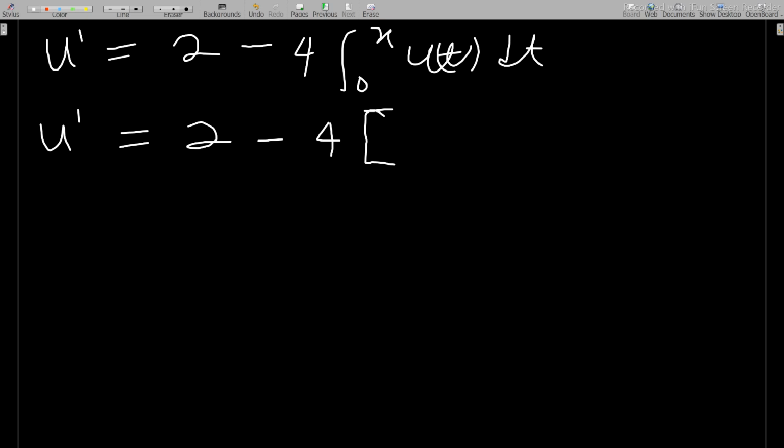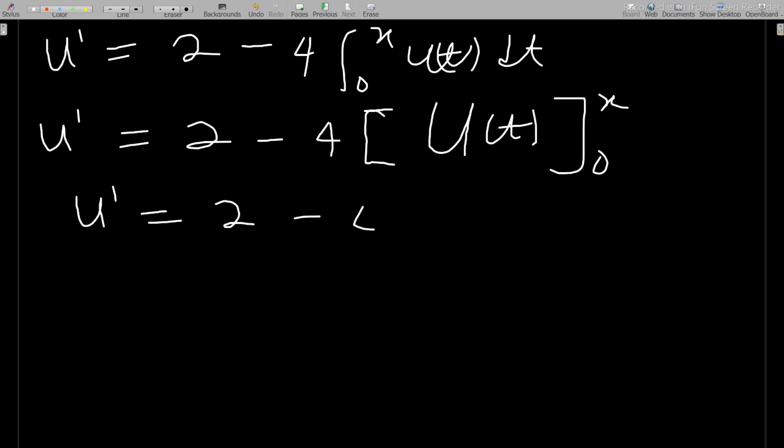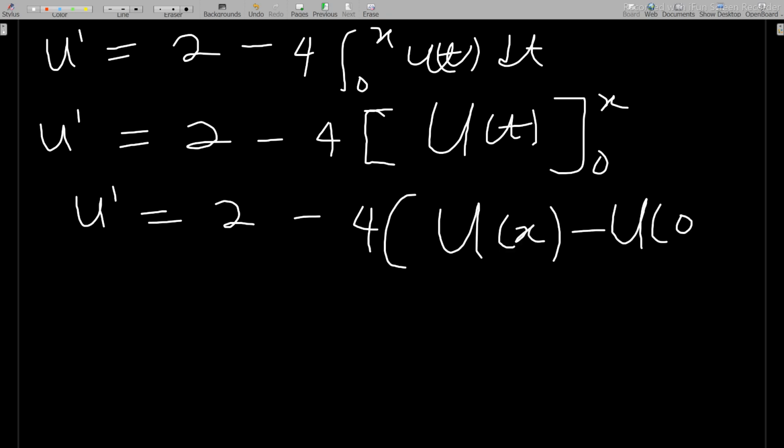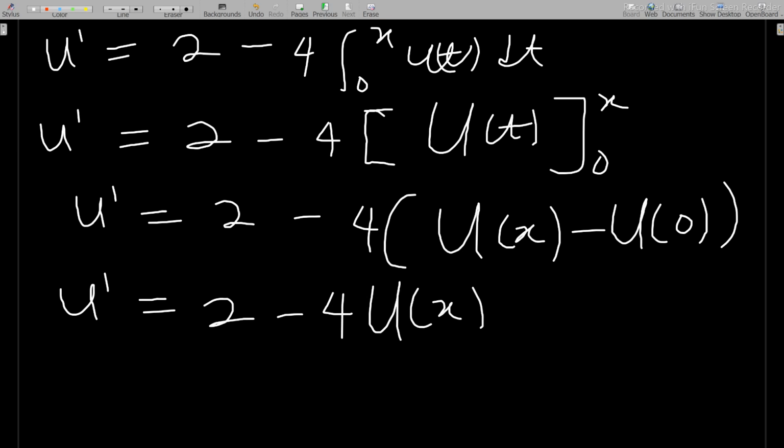So when I integrate small u of t, I'll get the capital U of t, moving from 0 to x. So I have u prime being equal to 2 minus 4 into capital U of x minus capital U of 0. Okay, so u prime equals 2 minus 4 times capital U of x plus 4 times capital U of 0.